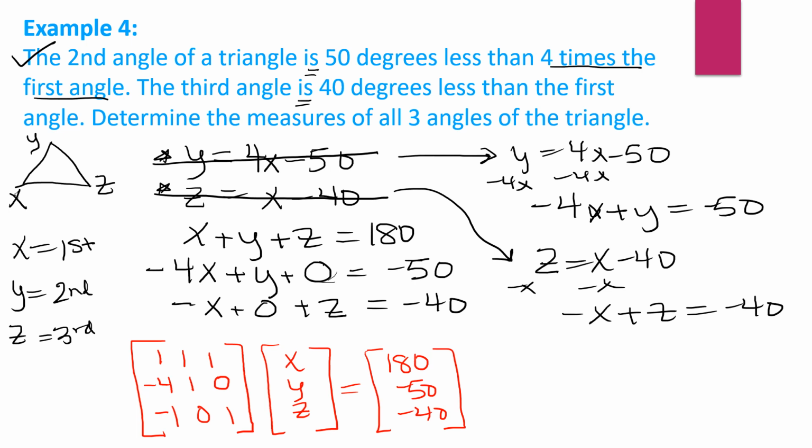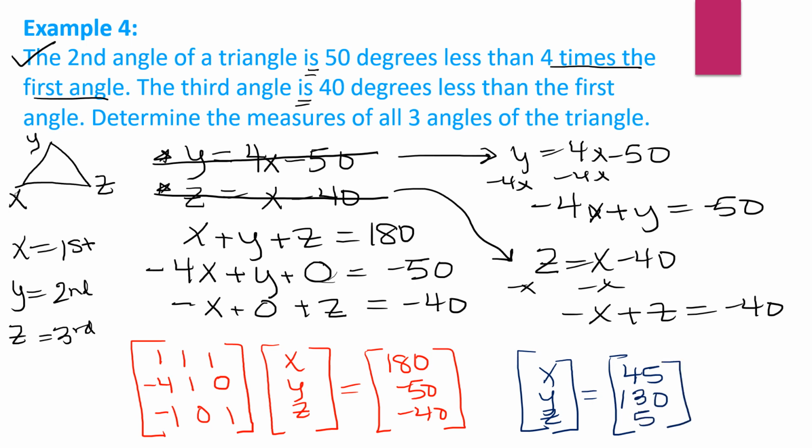So it doesn't matter the order, but you just need to make sure that they all match. All right, so at the very end, when we go through and we do the inverse and we solve, you should have solutions of 45, 130, and 5. Okay, so those are perfect.